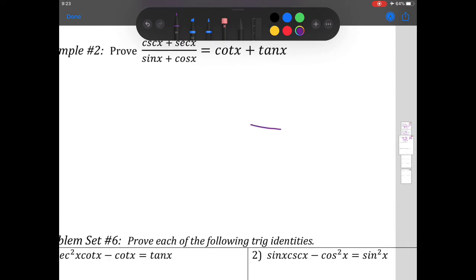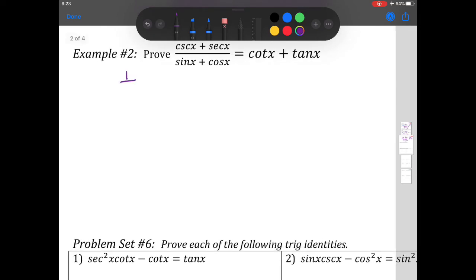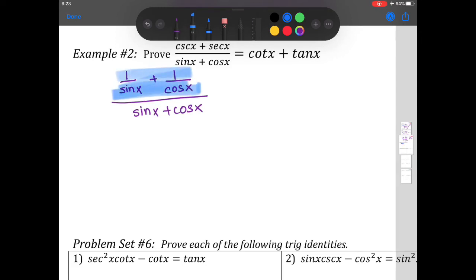So the cosecant can be written as, let me zoom in, 1 over sine x plus 1 over cosine x, and then what am I left with here? Sine x plus cosine x, right? Take the LCM of this whole thing.